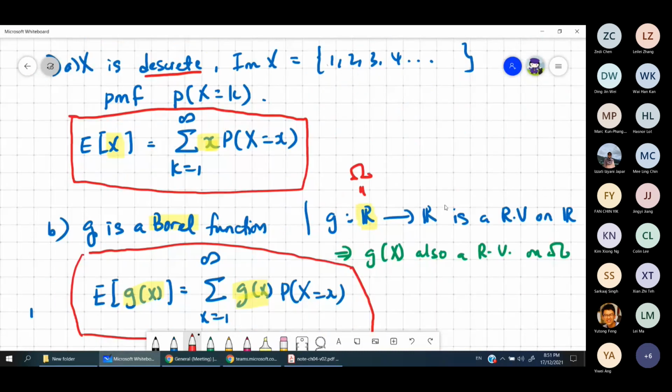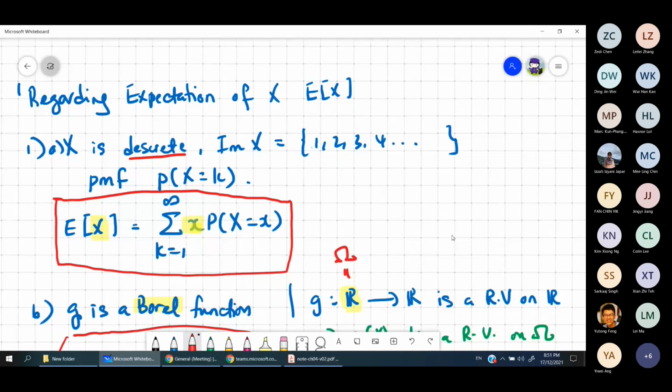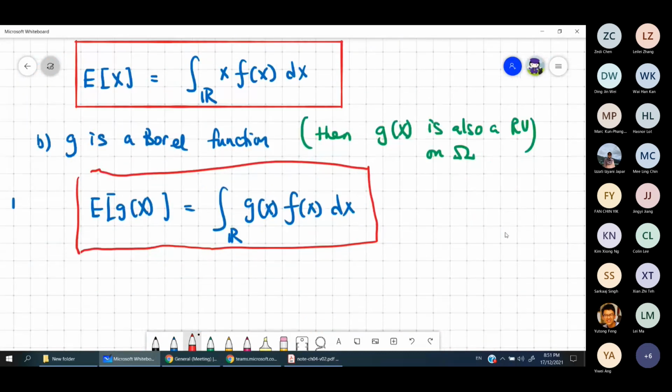I think these four formulas are already enough for you to solve most of the practical problems, because in practice most of the random variables you face will be discrete or absolutely continuous. You don't have the other ones. You can apply these formulas to do the calculations.